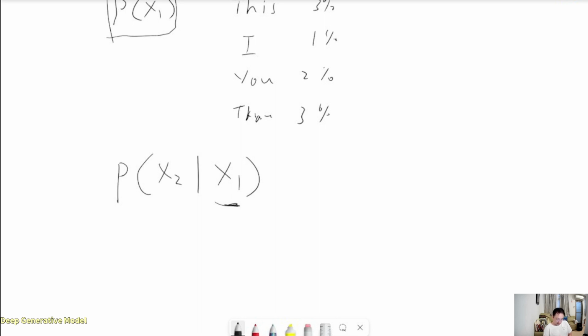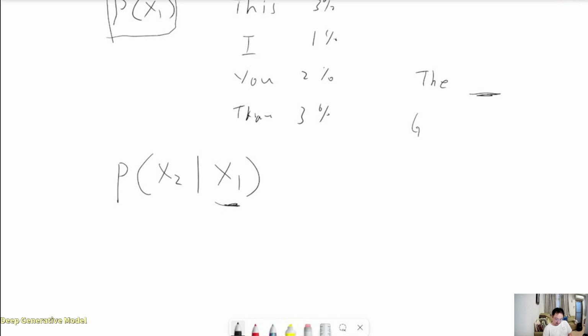So if we have a list, we might expect that the second one be a verb, like I, you, then. This one might be a verb. If the first one is like the, then we might expect the second one to be a noun.